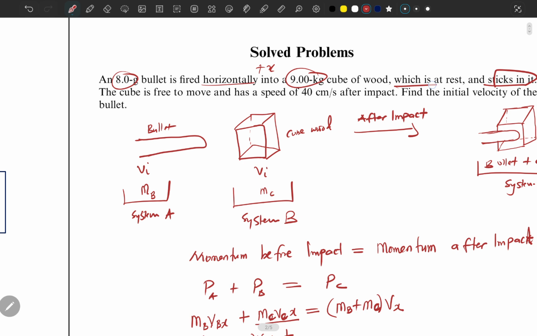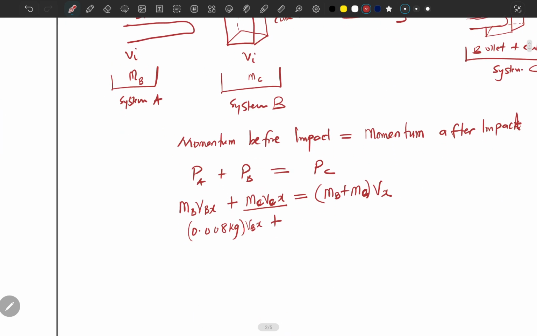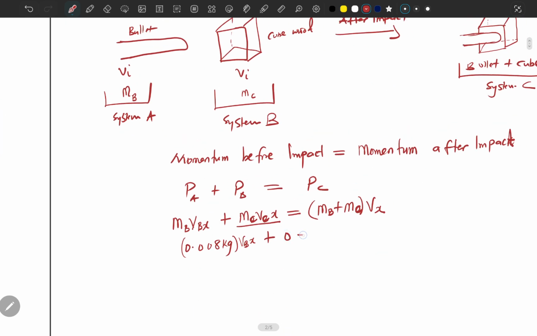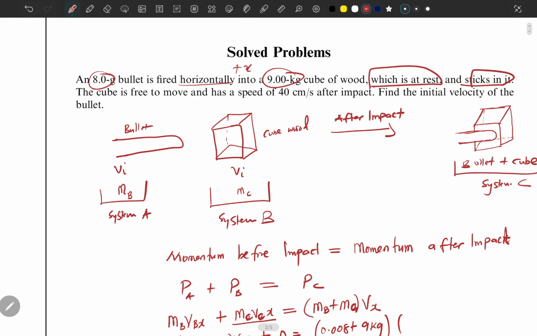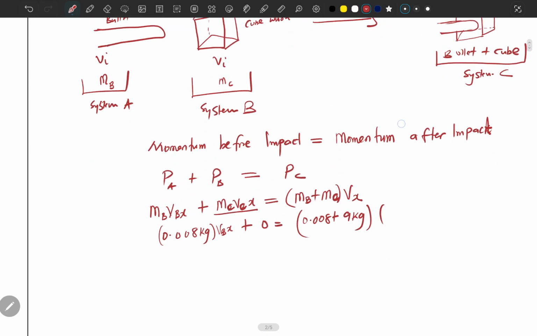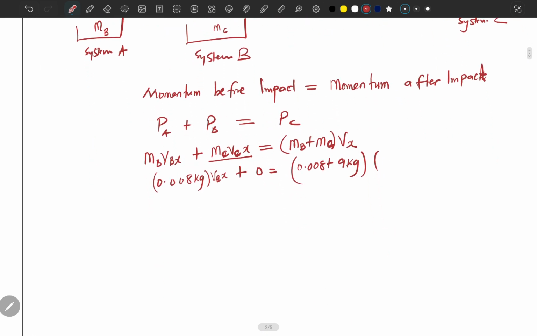Remember that the cube is at rest, meaning its velocity is 0, and so is its momentum. The mass on the right is 0.008 plus 9 kilograms. Then the final velocity is 40 centimeters per second, which should be converted to meters per second. Just divide by 100 and you get 0.4 meters per second.